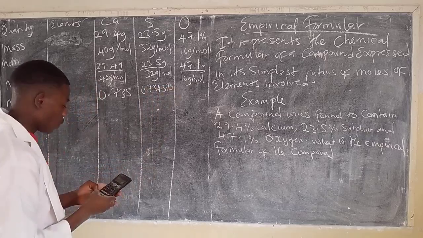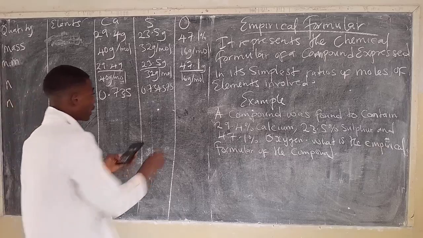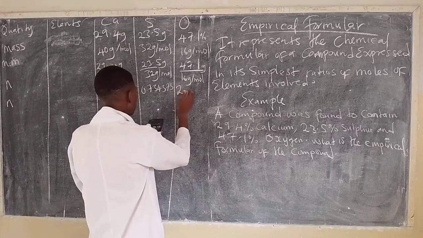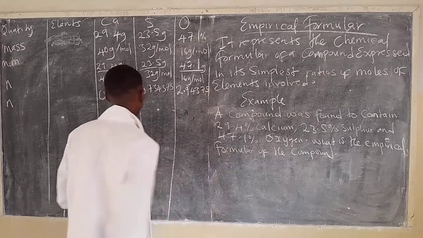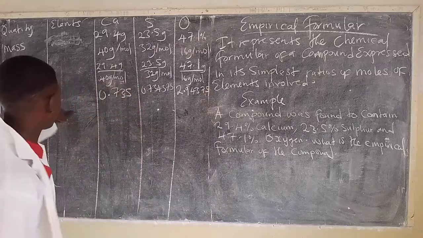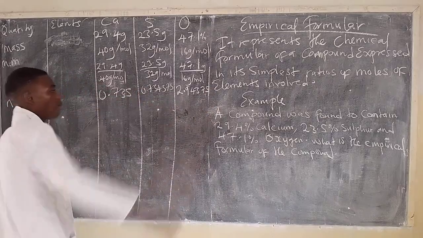Last but not the least, when we divide 47.1 by 16, we are getting 2.94375. So with this, these are our number of moles.